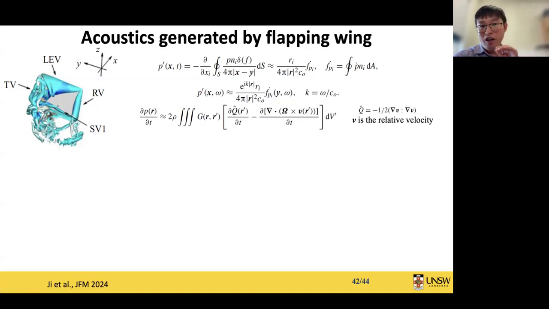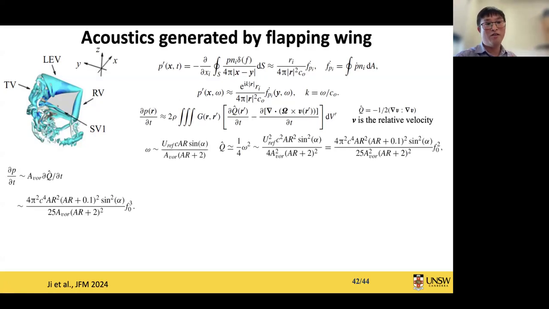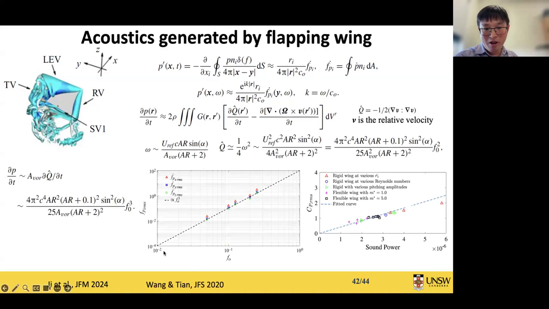Based on this, we can build a scaling law for the sound strength. This is the scaling law for the far field sound pressure, and in another work we found that the sound pressure and the force change show a similar trend.